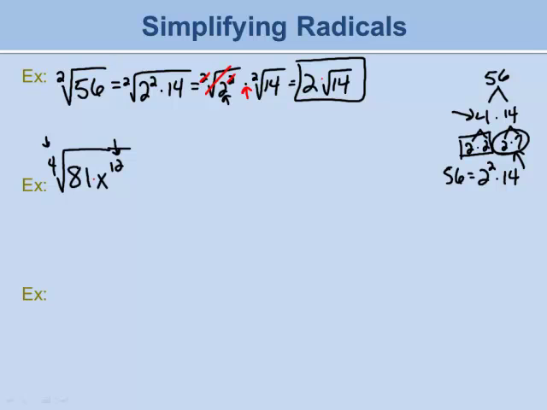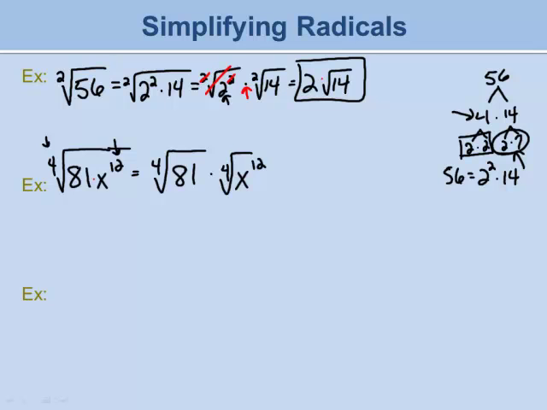It's 81x to the 12th, which is multiplication. There's two factors there. So use the product rule of radicals to split that out to each factor individually. So we've got the fourth root of 81 times the fourth root of x to the 12th.